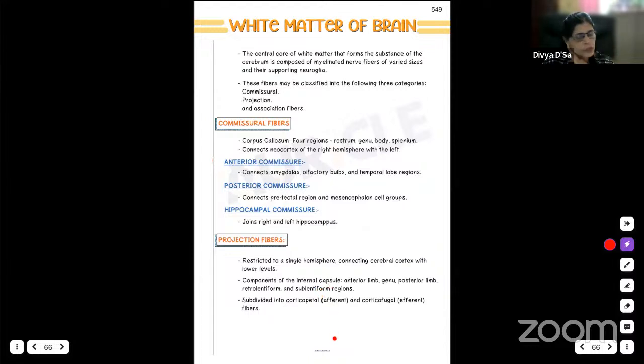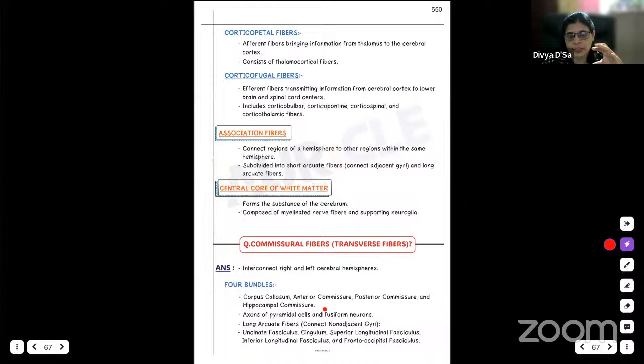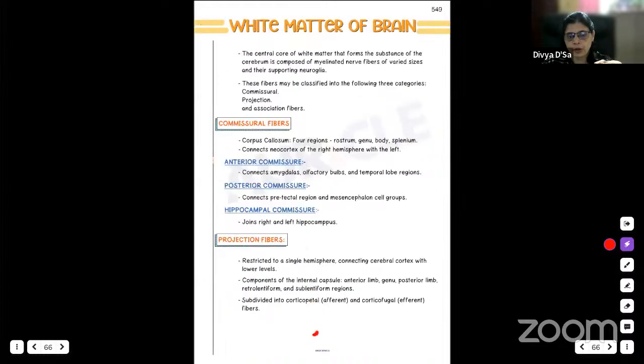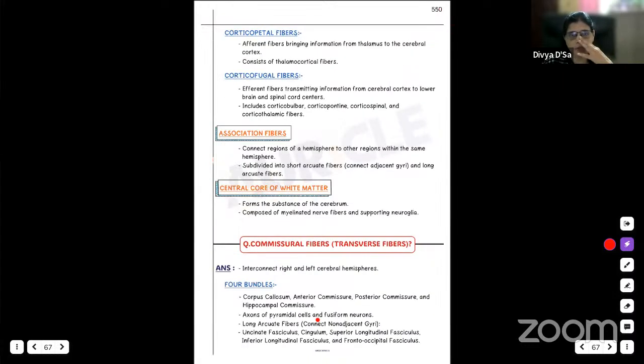Internal capsule is made up of different parts: anterior limb, genu, posterior limb, retrolentiform part, and sublentiform region. The fibers which pass through are subdivided into corticopetal and corticofugal fibers. Afferent fibers are known as corticopetal and efferent fibers are known as corticofugal.